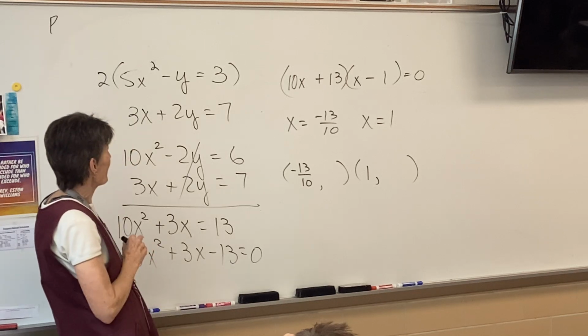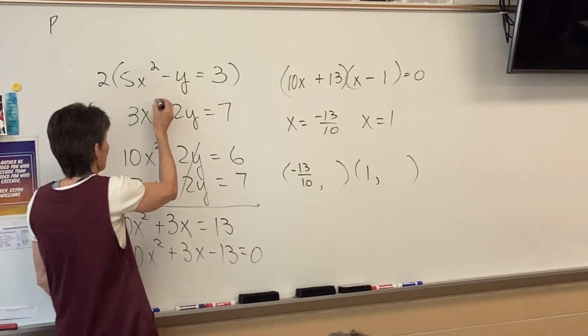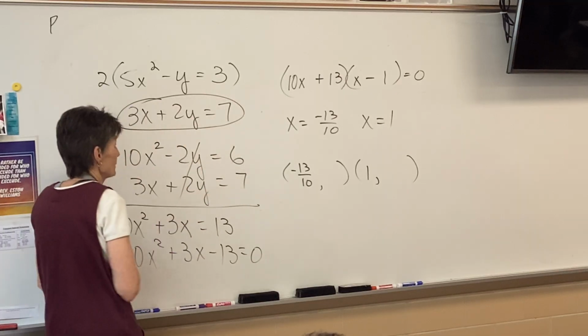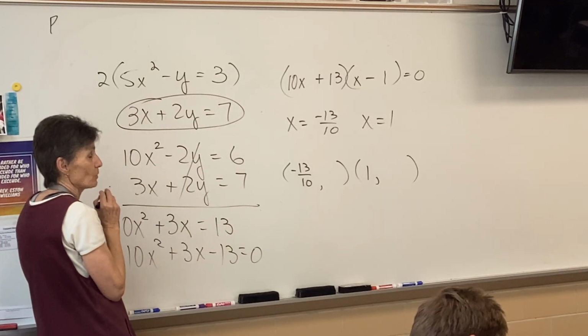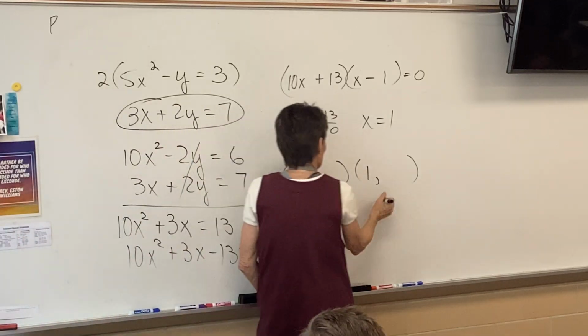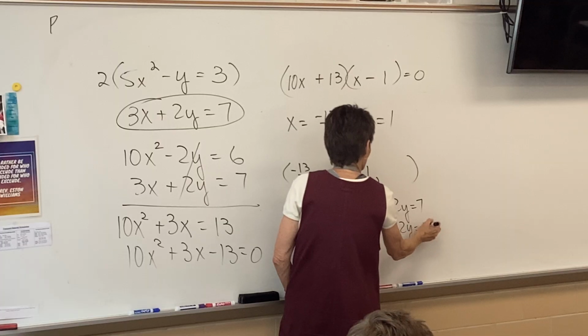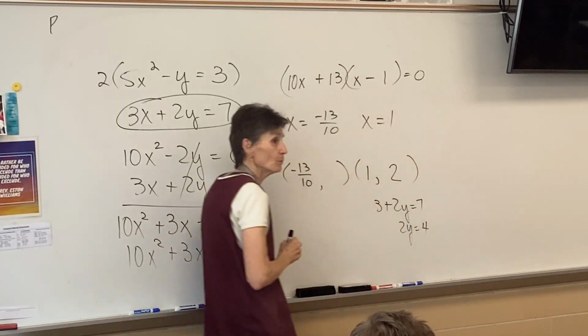So how do I find my y's? I'd probably come back to this equation right here. Let's plug in 1 first. Easy one. If I plug in 1, I've got 3 plus 2y equals 7. So it looks like y is 2.